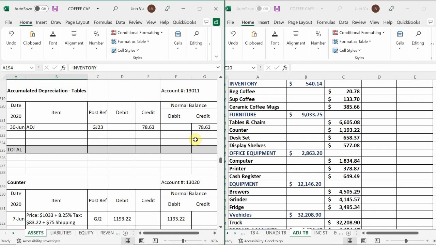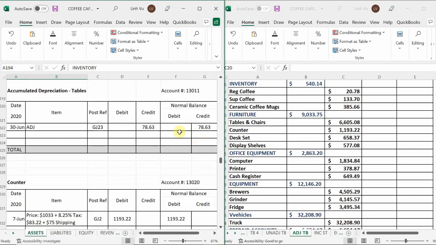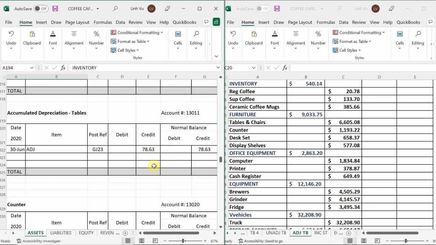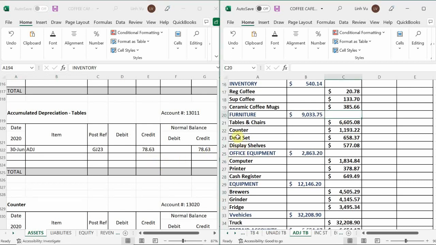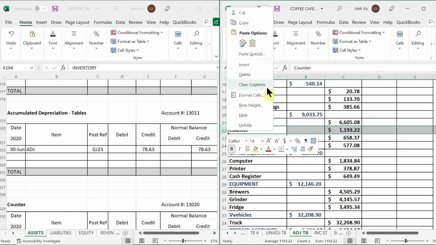Because I used my tables and chairs, it's no longer worth $6,605.08. It's decreased in value by $78.68. So what I want you to do here is insert every single item here because I have to include all the accumulated depreciation.